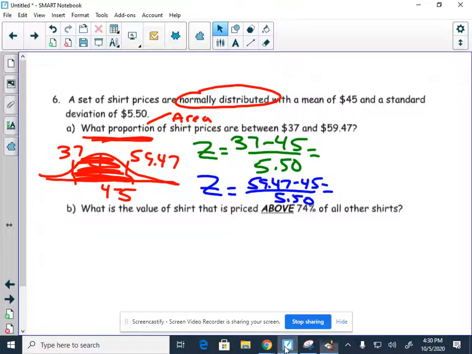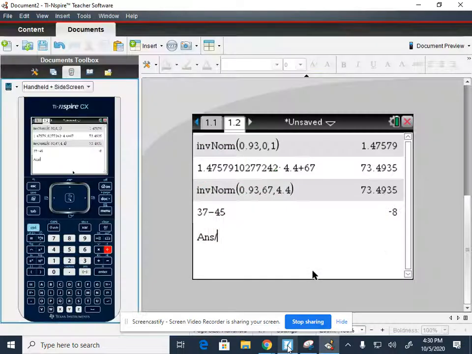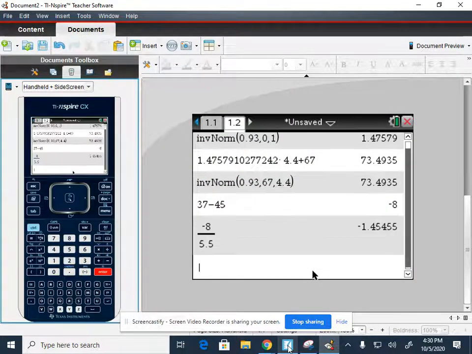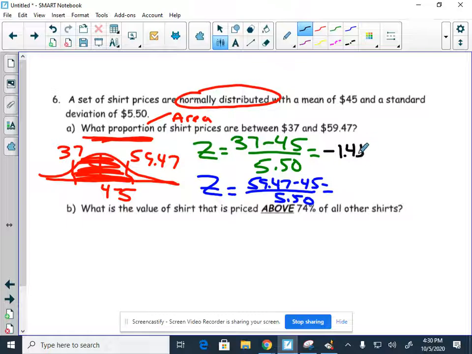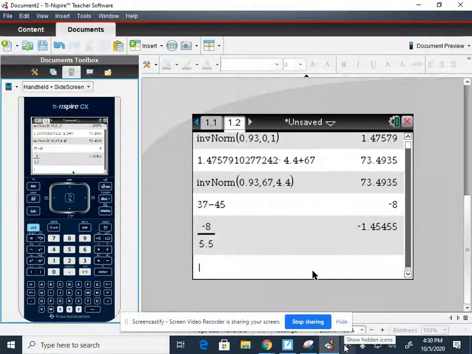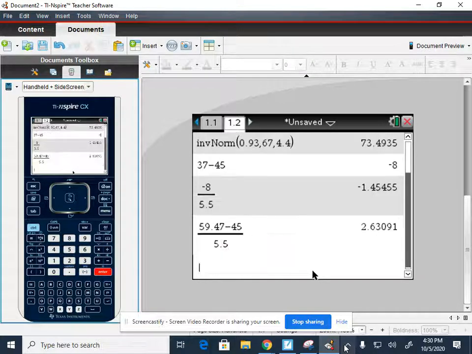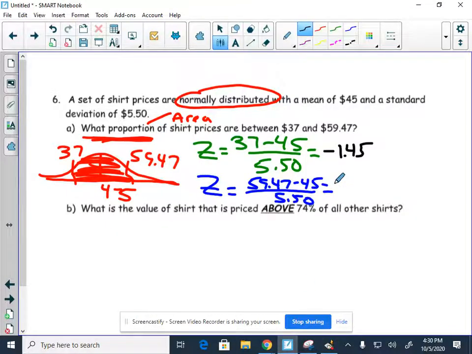I don't know why it's negative 8. We could have found that out easily enough, but 5.5. That's our first z-score, negative 1.45. Second z-score. If you want to do it all in one shot, you can. You have to either put it in parentheses or create a fraction bar. This one has a z-score of 2.63.